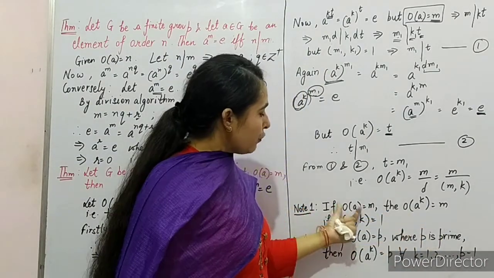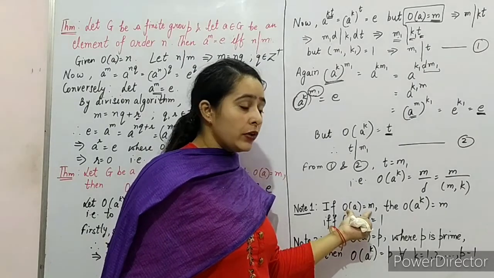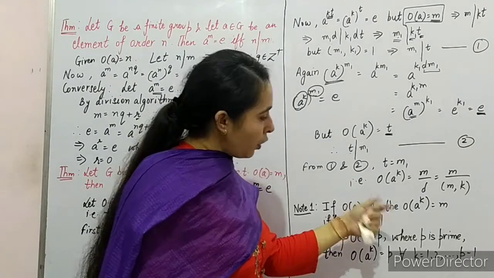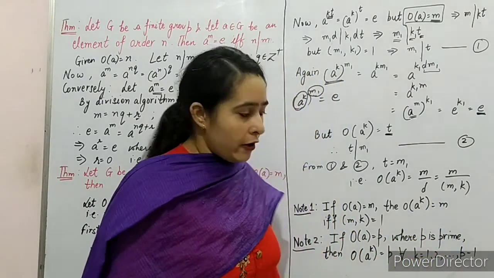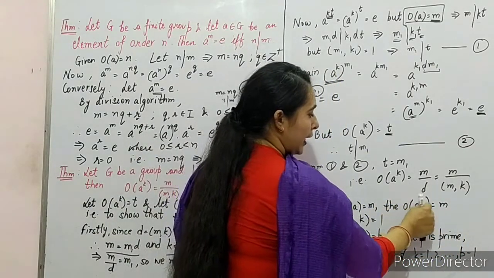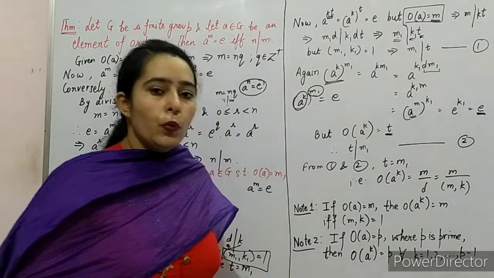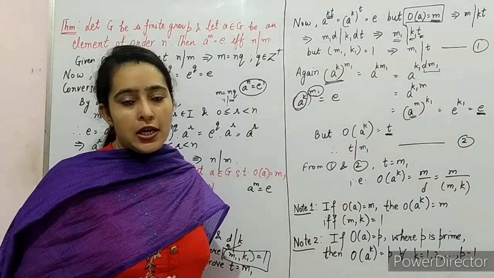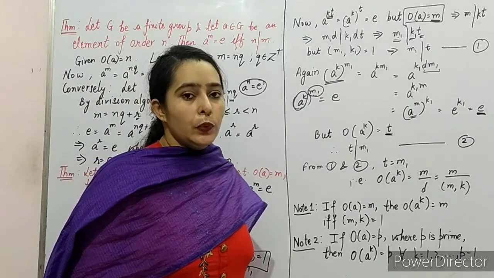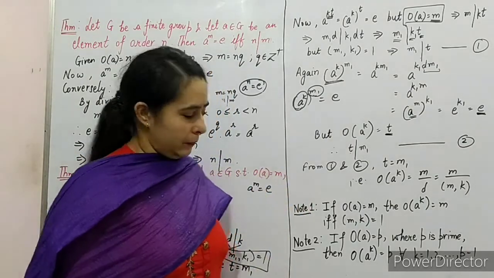That means if we know the order of a, we can directly say that the order of a to the power k is equal to m if and only if GCD of k and m is equal to 1. Then directly we can say the order of a raised to power k is also equal to the order of a.